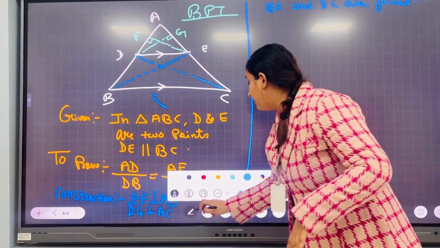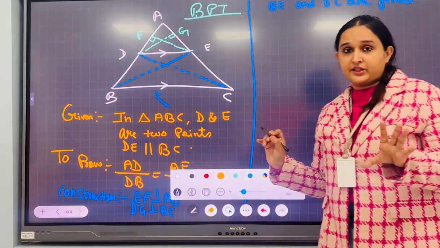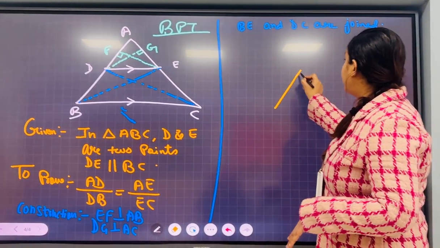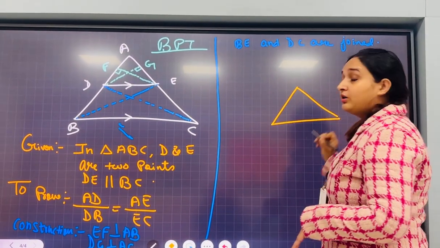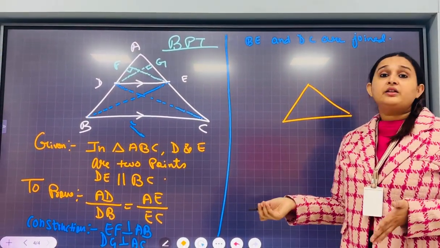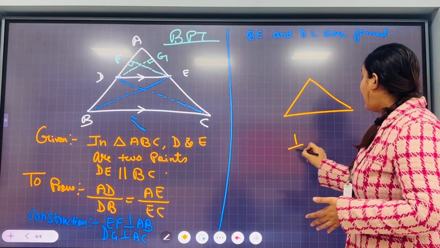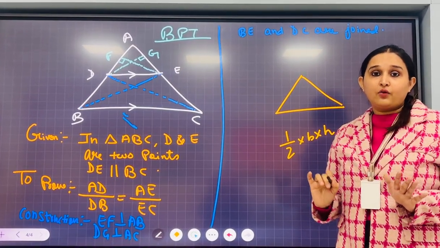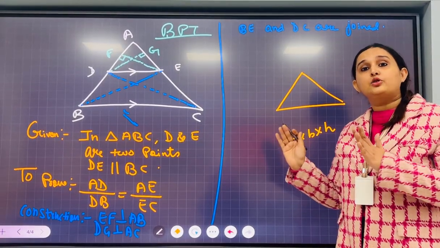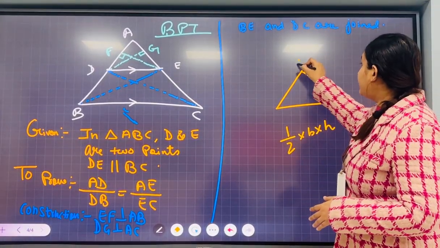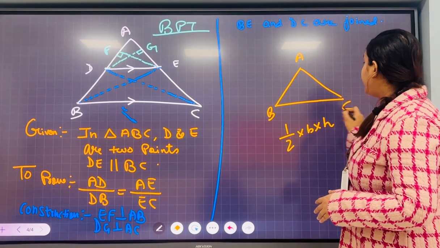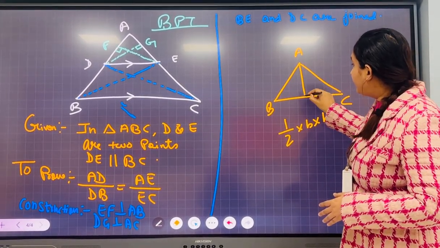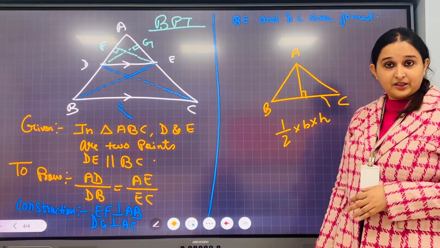Now before we start proving, let me give you a small concept about the area of a triangle. Suppose we have this triangle, its area will be half into base into height. This we know, right? The area of a triangle is half into base into height. Now if I am taking this BC as the base, I can write this will be the height, right?